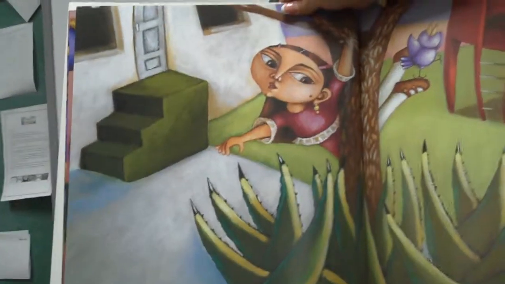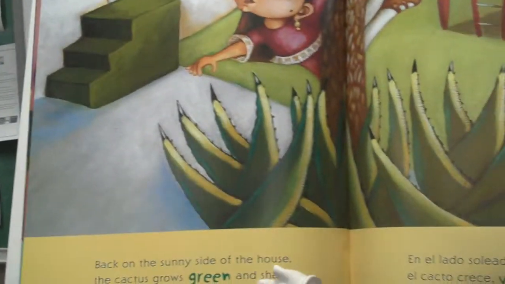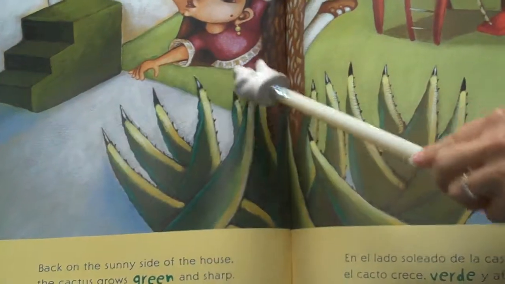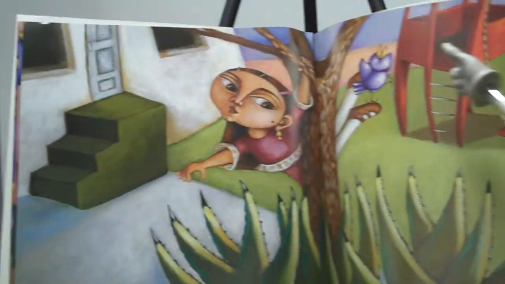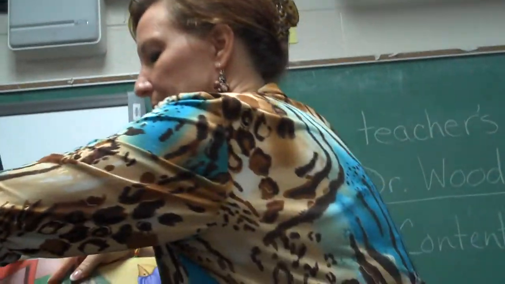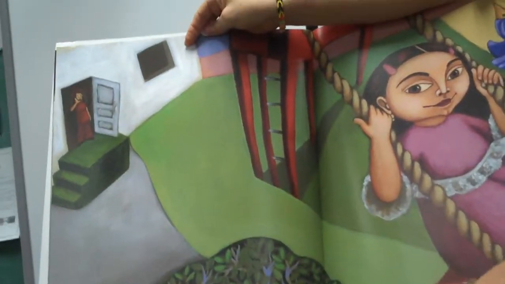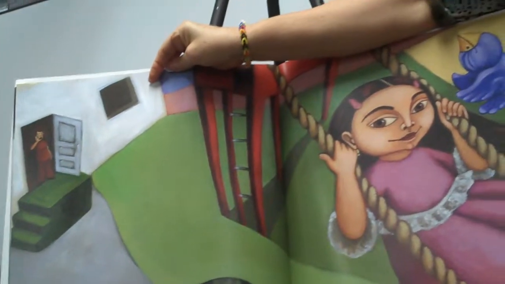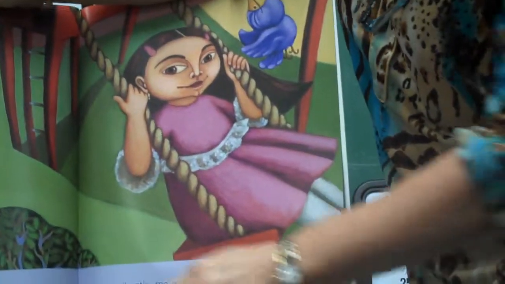Back on the sunny side of the house, the cactus grows, green and sharp. Yeah, if you've ever touched a cactus, they do have sharp, pointy things on them. So I guess she does have some color where she lives. Okay. In the backyard, I sway on my swing. Sway is like going back and forth, back and forth.